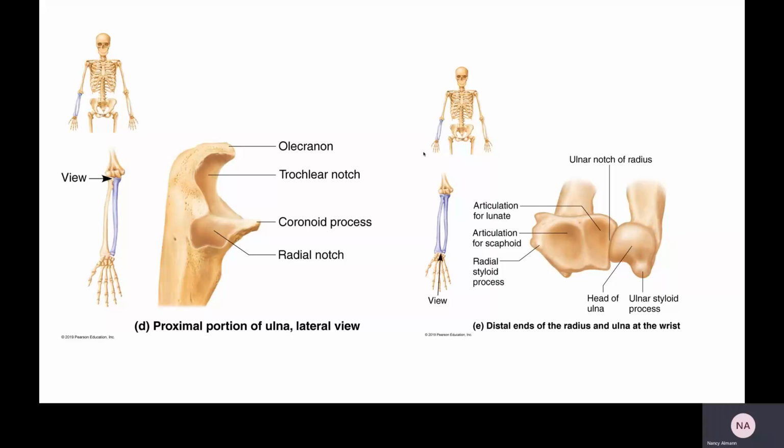This shows you a lovely view on the left of the olecranon, the trochlear notch, and the coronoid process. It also shows you the radial notch, which is where the head of the radius will articulate with the ulna. The diagram on the left shows you the distal ends of the radius and ulna at the carpals, and those are more for your information, just so you have some visuals.